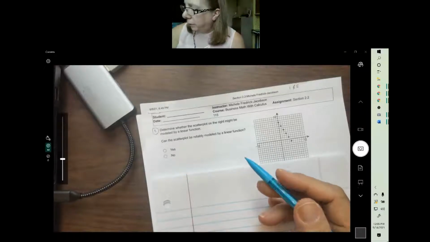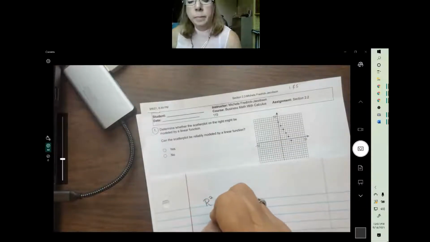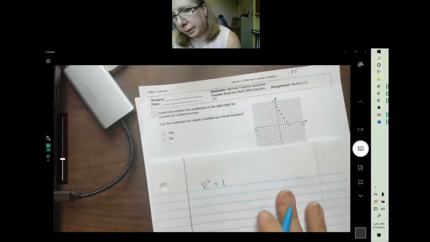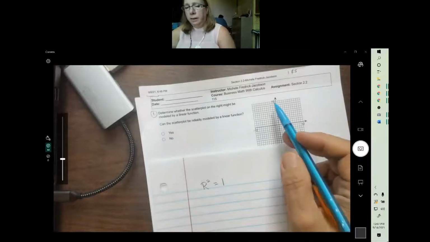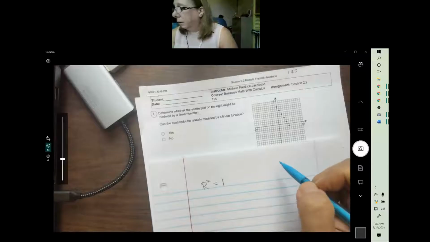When your r squared equals 1, that means all your data lands on the line, and it can be an exact linear function.